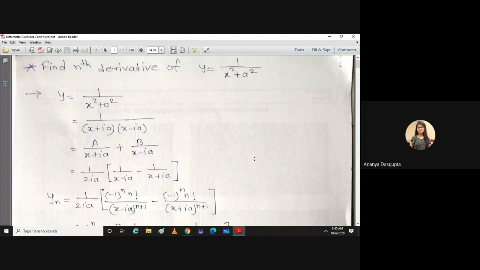Sir, a is minus 1 upon 2ai, right? Yeah, correct. I'm sorry, because x plus ai is here, so a is minus 1 upon 2ai, and b is positive 1 upon 2ai.